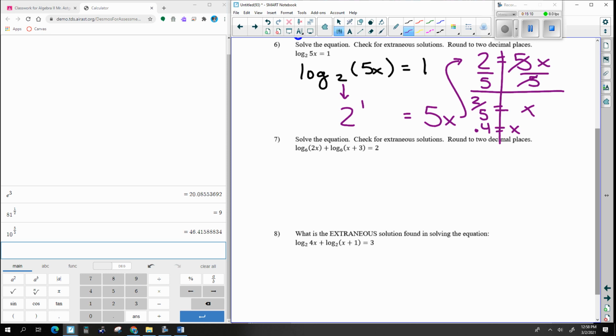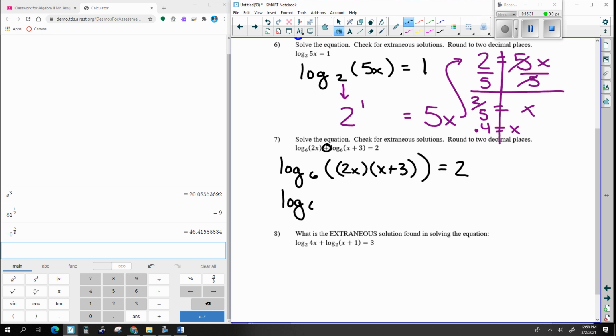Okay, let's get one singular log. An addition implies multiplication. So this is log base 6 of 2x and x plus 3. All right, so now that I have a log all in on one side, this is when we rewrite it.